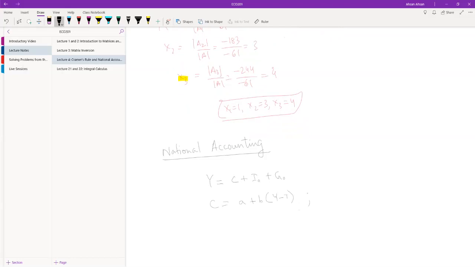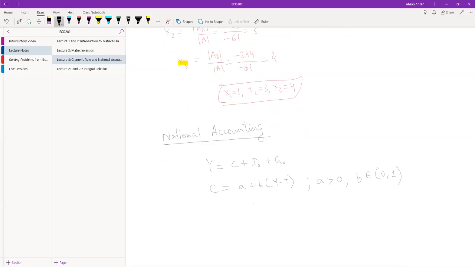I think the relationship we need here is that A is positive and B is between 0 and 1. And we have T equals D plus tY. And once again, the relationship here is that D is positive and small t is between 0 and 1.